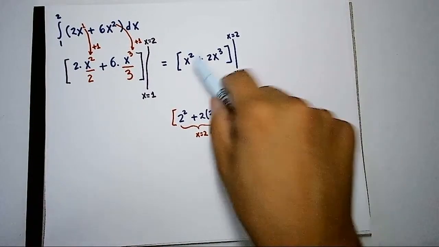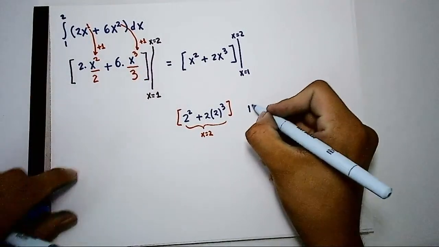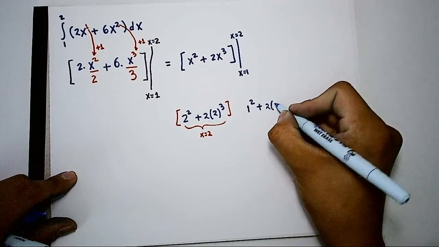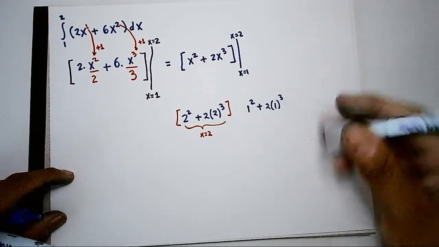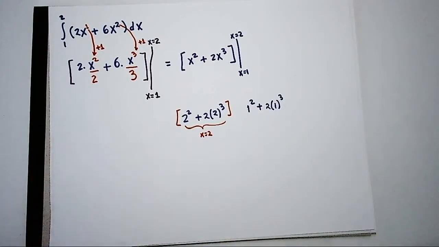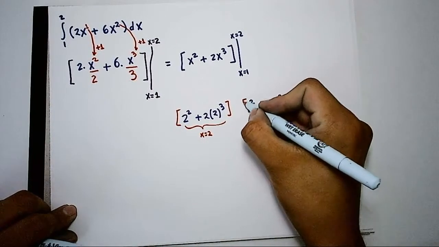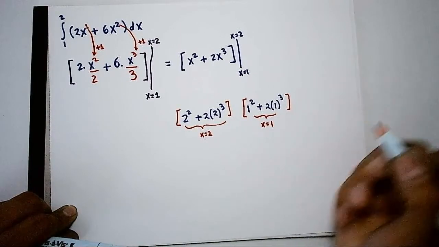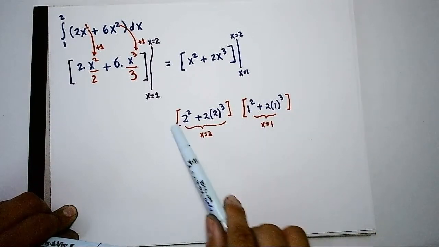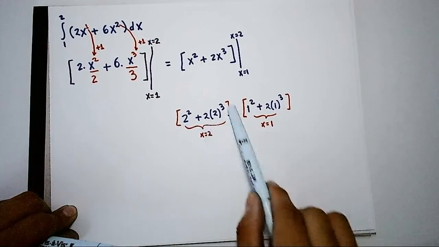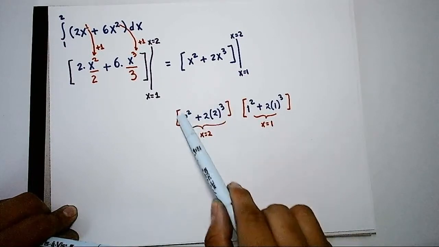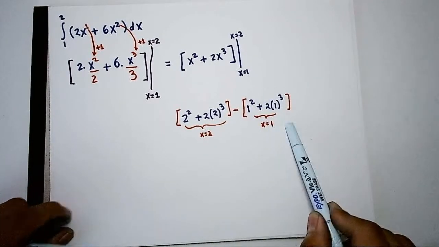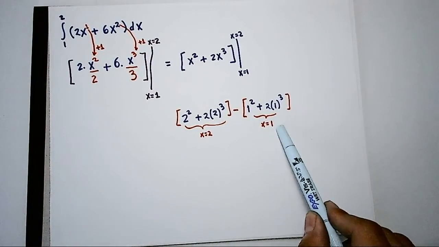When x is equal to 1, we have 1 squared plus 2 times 1 to the third. This is when x is equal to 1. We subtract the value that we obtain using the upper bound minus the value that we obtain using the lower bound.